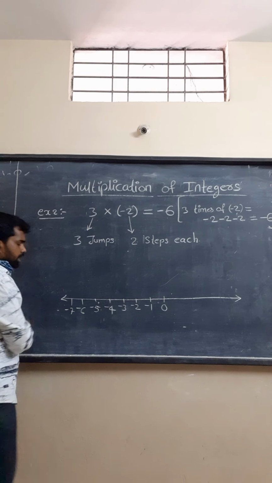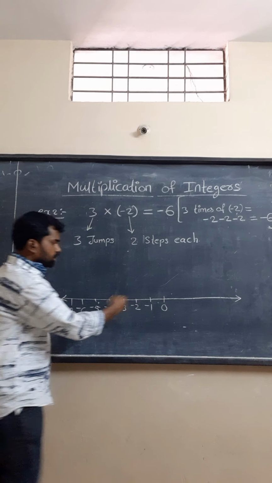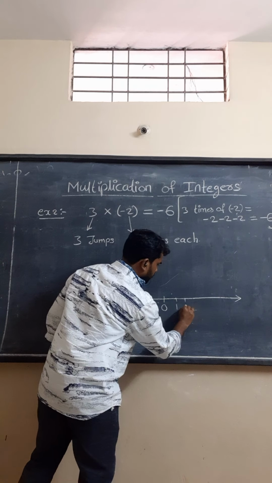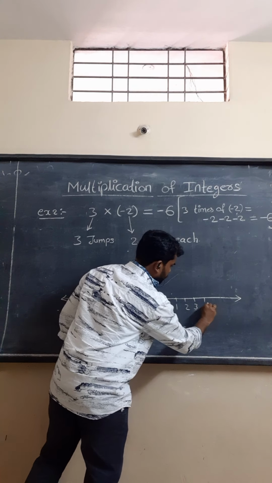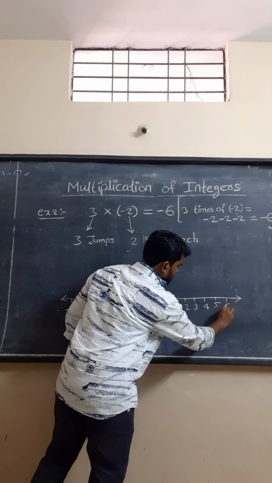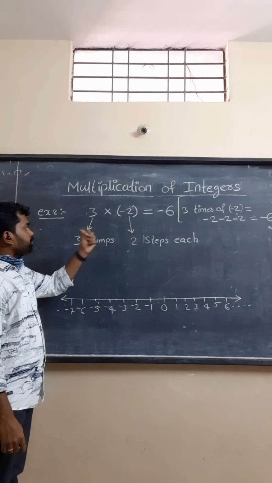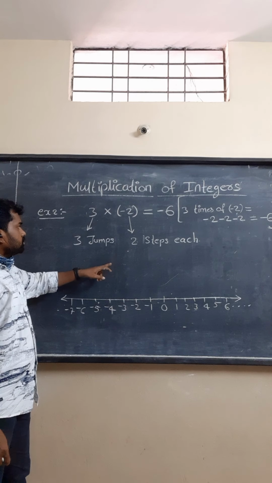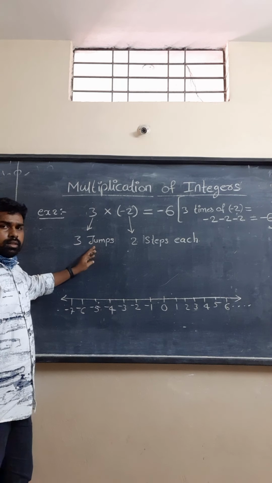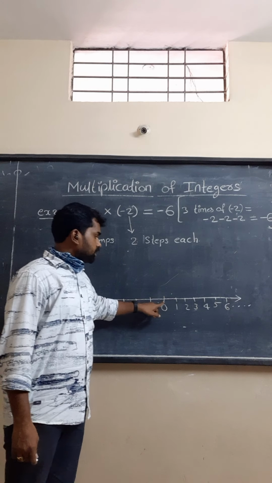7 and so on. Many numbers are there. And to the right side of 0, positive numbers will be 1, 2, 3, 4, 5, 6 and so on. Now you see here, how to start drawing the curve?